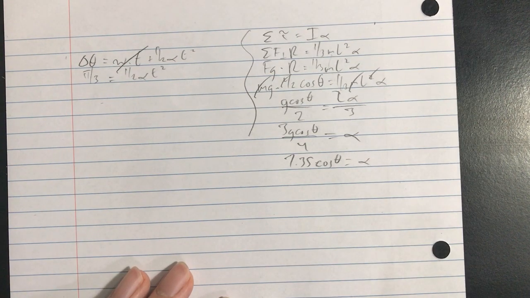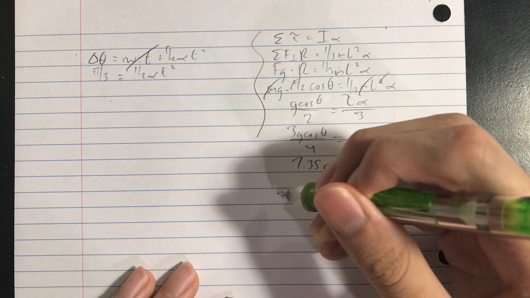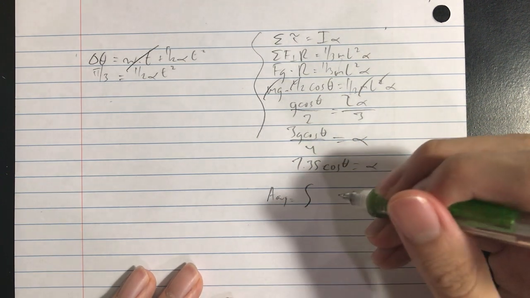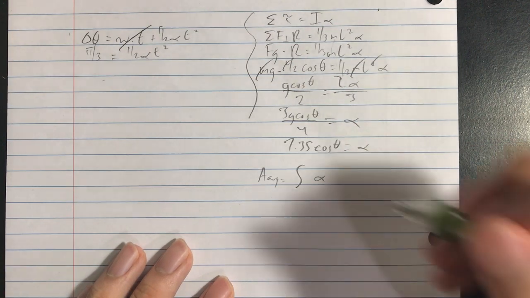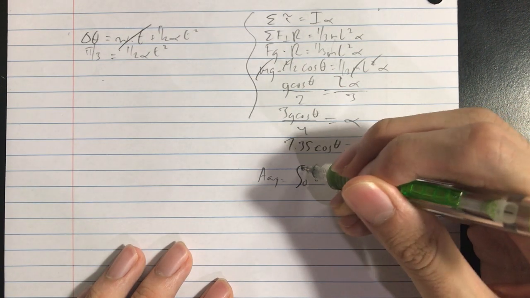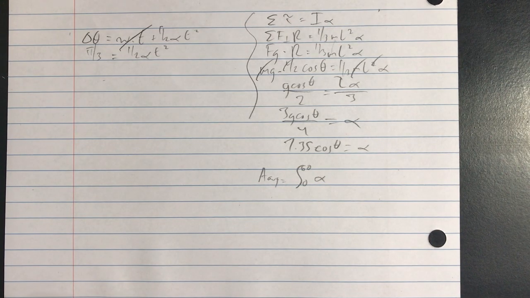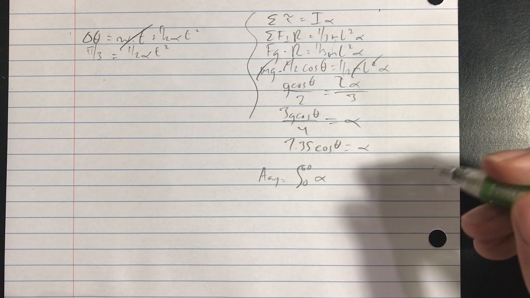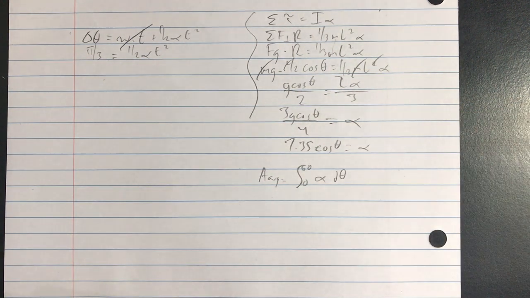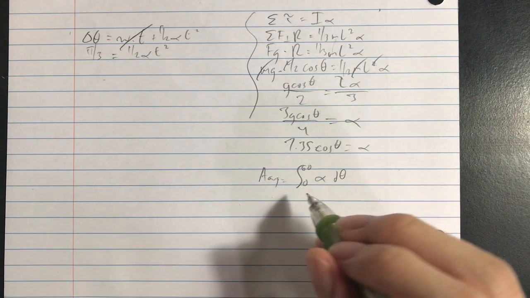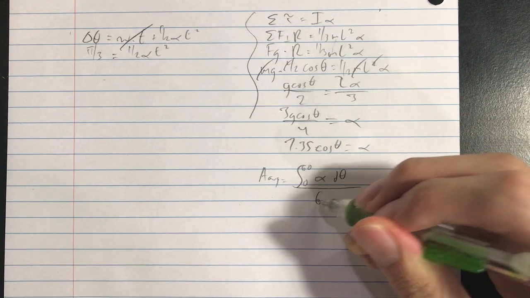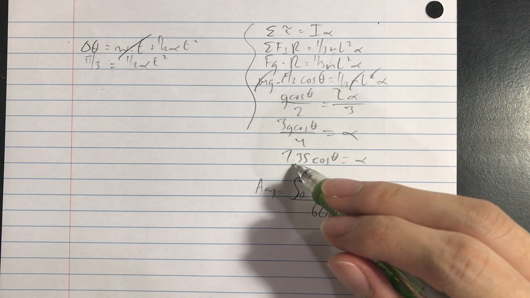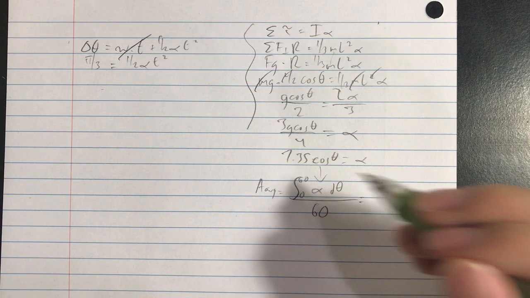So to find the average acceleration, alpha average equals the integral of alpha. We're going to go from 0 degrees to 60 degrees. We're using degree mode, so we use 0 to 60. If you're on radian mode, you use 0 to pi over 3. This will be with respect to theta, and over 60. And alpha would be equal to 7.35 cosine theta. We just plug it right in there.